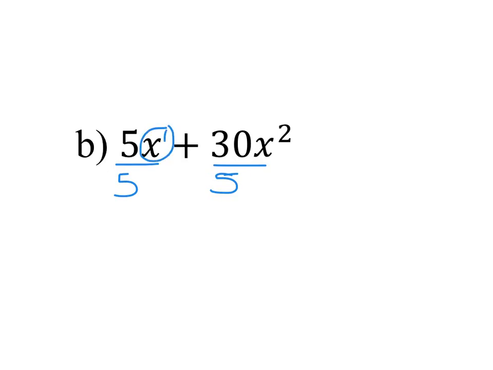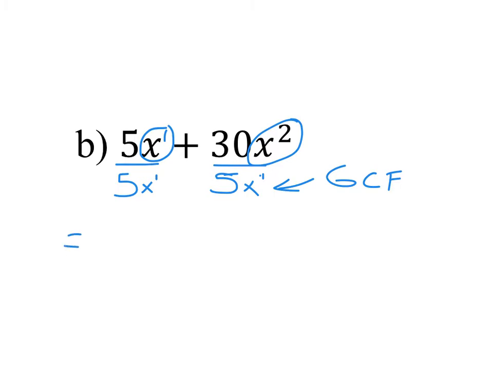This x is to the power of 1, and this x is to the power of 2. So which one of these is the smallest? Of course, the x to the power of 1. We don't need to write that 1 though. I'm just showing you what's coming out, because they both have x's. It's just one of them has 2 and one of them has 1. Now, the greatest common factor is that 5x.